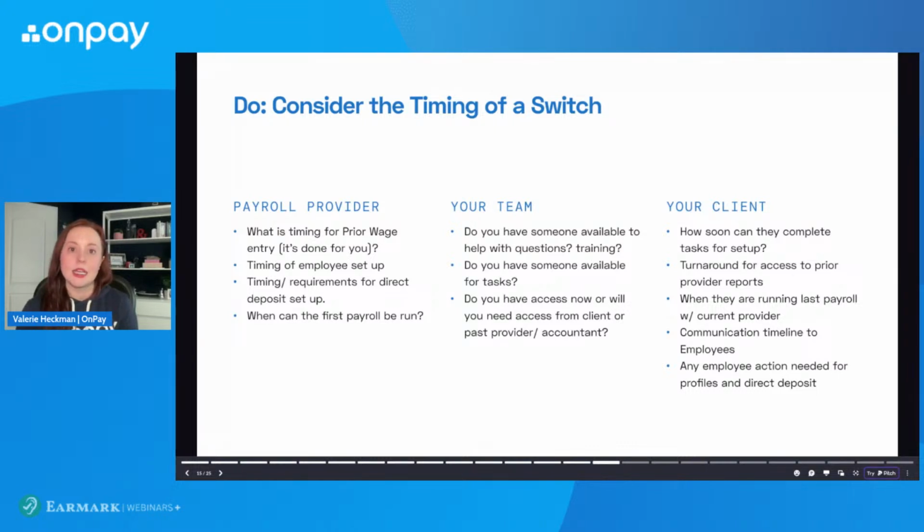If there's any information that you're going to need from them about their company, about their employees and contractors to get set up. Of course, if they are currently running payroll in a different system and maybe you are not involved, you'll want to know when they're going to stop doing that and what that window is like so that we can make sure the employees get paid on time.